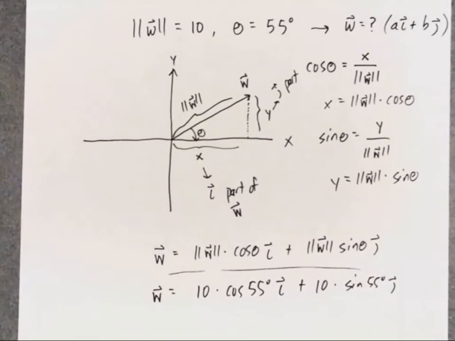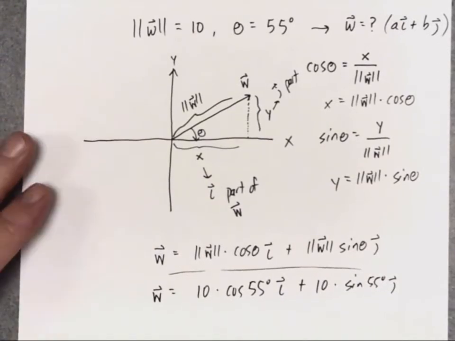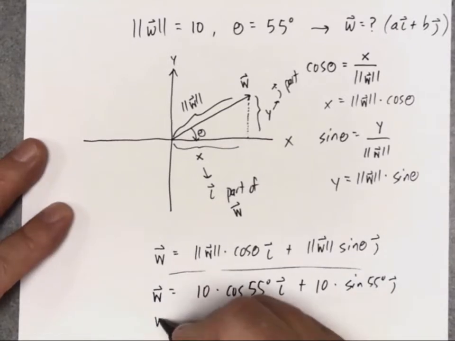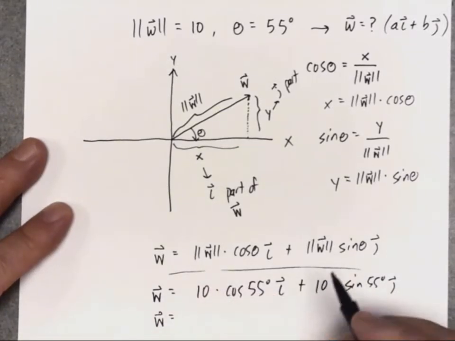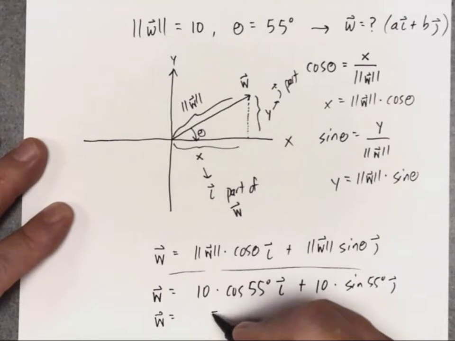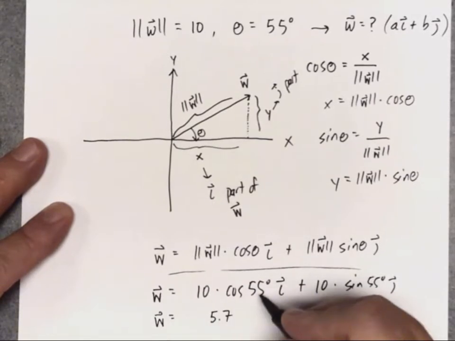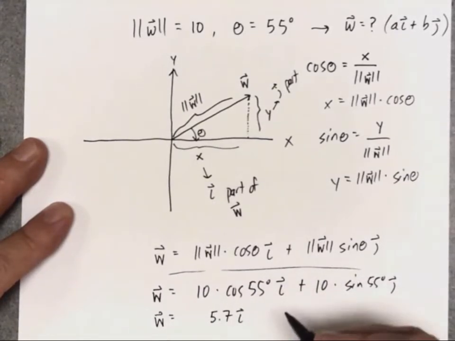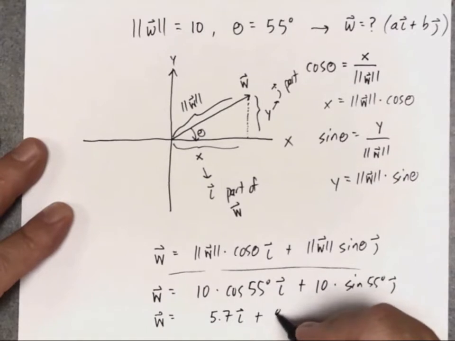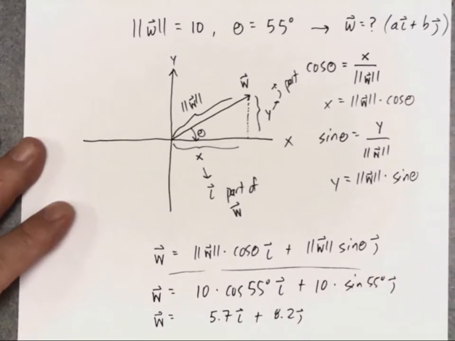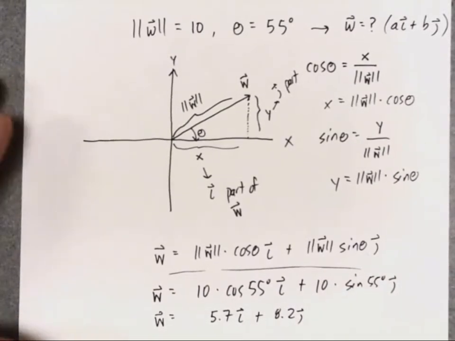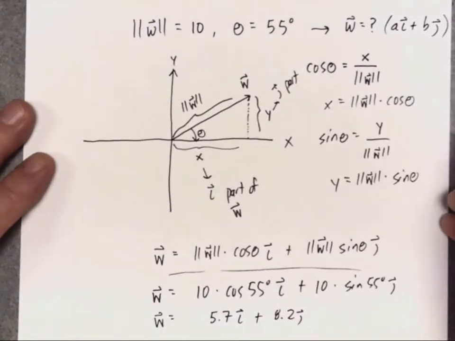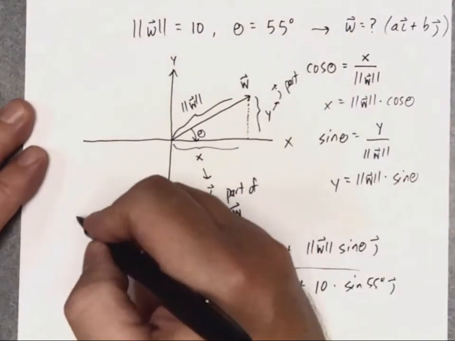And that's the j part of the vector. And now, if I grab my calculator, and I've actually already done these calculations so I can save some time, this ends up being 5.7i plus 8.2j.